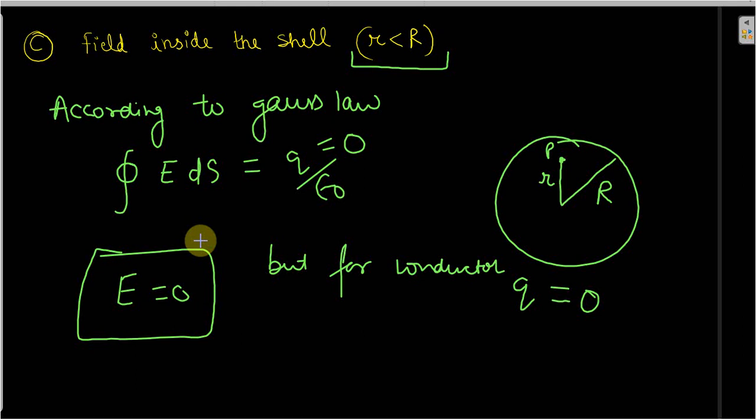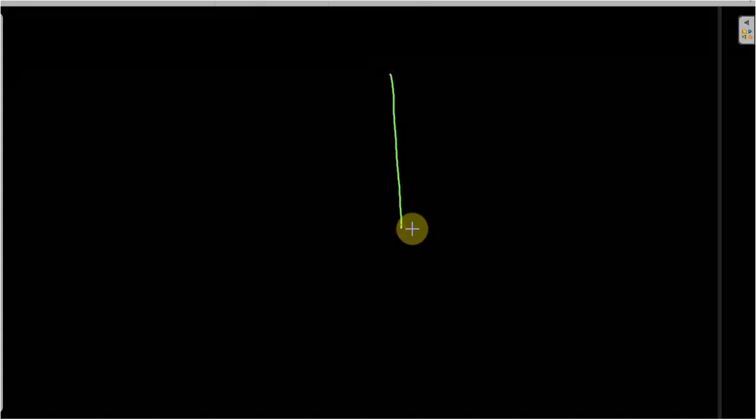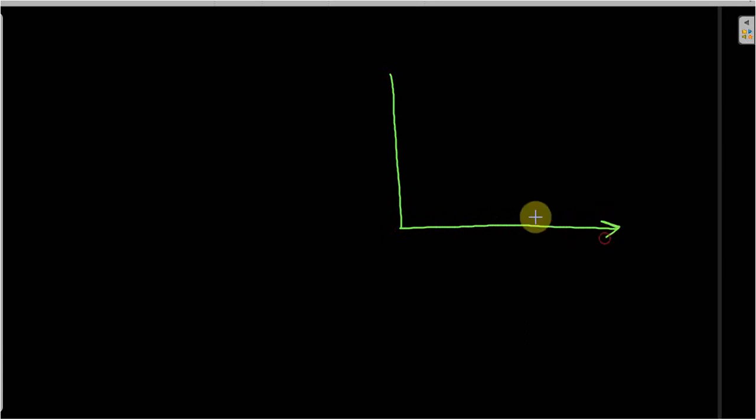So now we will draw the graph for these three situations: first, when the charge is on the conducting sphere and you have to find the electric field inside; then outside; and the third case is at the surface, the maximum case. So how will you draw? You will take the r distance on one axis and the electric field on the other, and here is your origin.